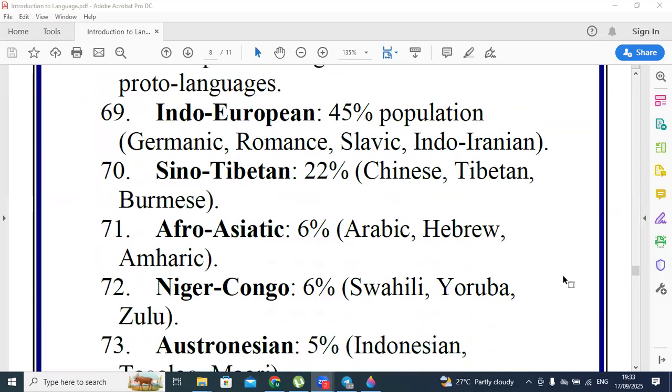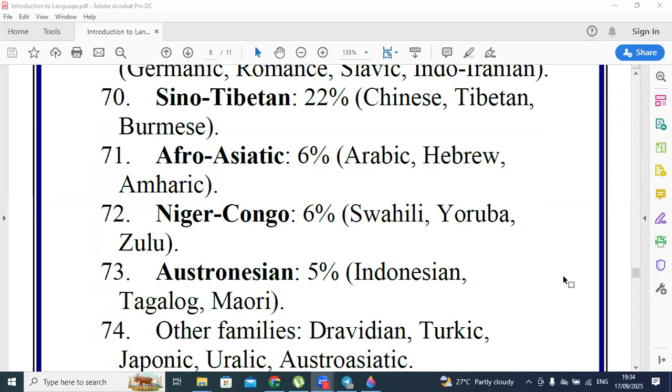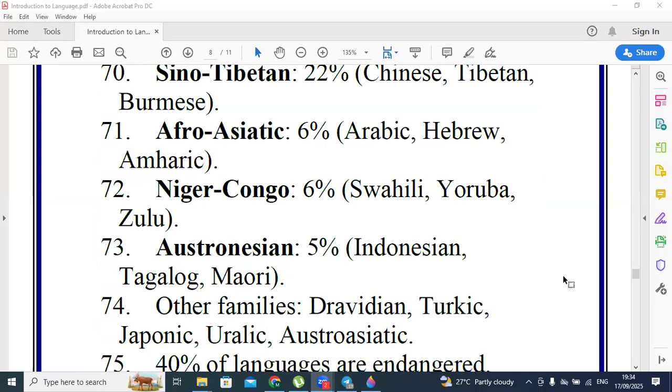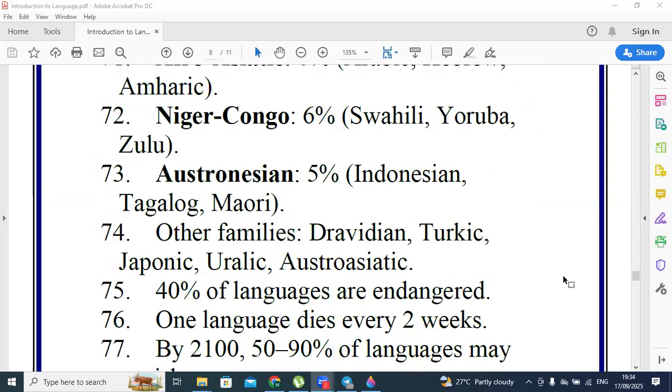Afro-Asiatic: Arabic, Hebrew, Amharic. Niger-Congo: Swahili, Yoruba, Zulu. Austronesian, 5%: Indonesian, Tagalog, Maori.